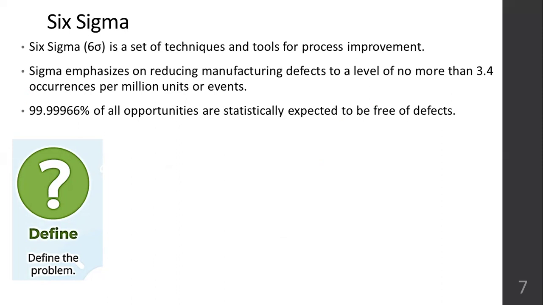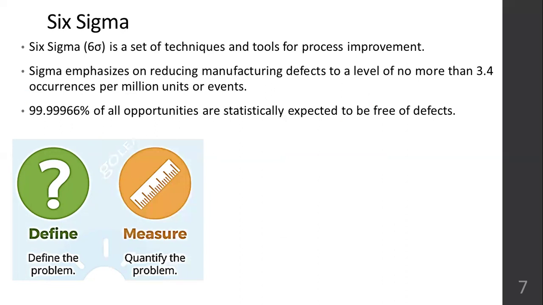So solve one problem at a time. Identify the main problem, define it, and put it into a proper statement that everyone can understand. Okay, this is our problem. When the problem is clear, when you understand a problem, half of the work is done. So define the problem. That is the first step.